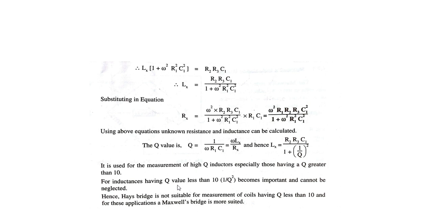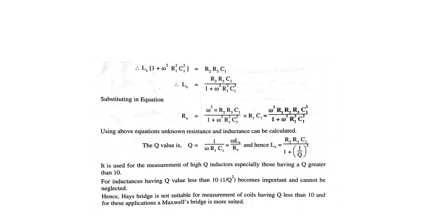For inductance having Q less than 10, the term 1 upon Q square becomes important. If the Q is less than 10, this becomes very critical for calculations and cannot be neglected. Hence Hay's bridge is not suitable for measurement of coils having a Q less than 10, and for those applications Maxwell's bridge is more suited.